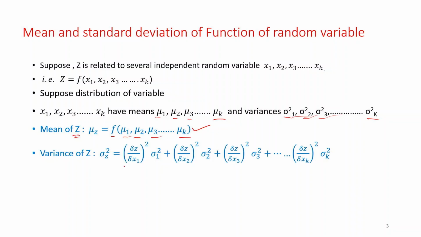So there is another theory, that sigma squared z, the variance of z, is related to the variances of the random variables x1, x2, x3 up to xk by this relationship: delta z by delta x1 square sigma 1 square, delta z by delta x2 square sigma 2 square, delta z by delta x3 squared sigma 3 squared, like that up to xk.